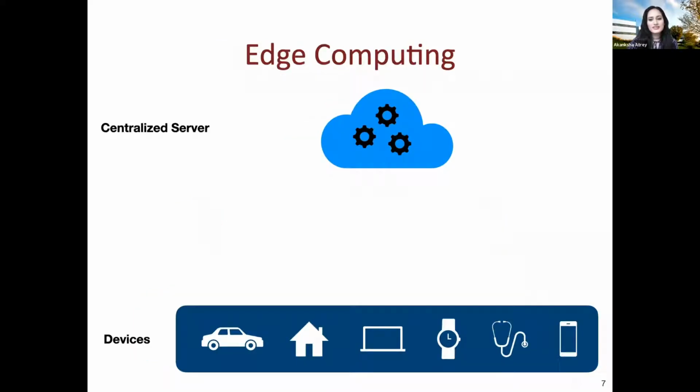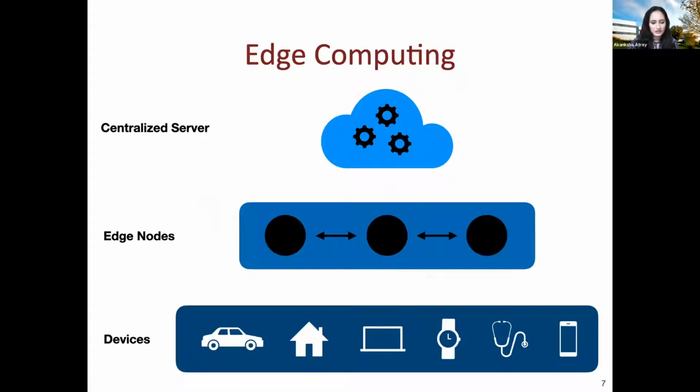So these requirements have actually resulted in the emergence of edge computing, which basically brings computation closer to the device. The idea is that you have devices, you again have your centralized server, but there's this middle layer, you can call it edge nodes, where the edge computing is happening. These edge nodes can take care of certain computation tasks.